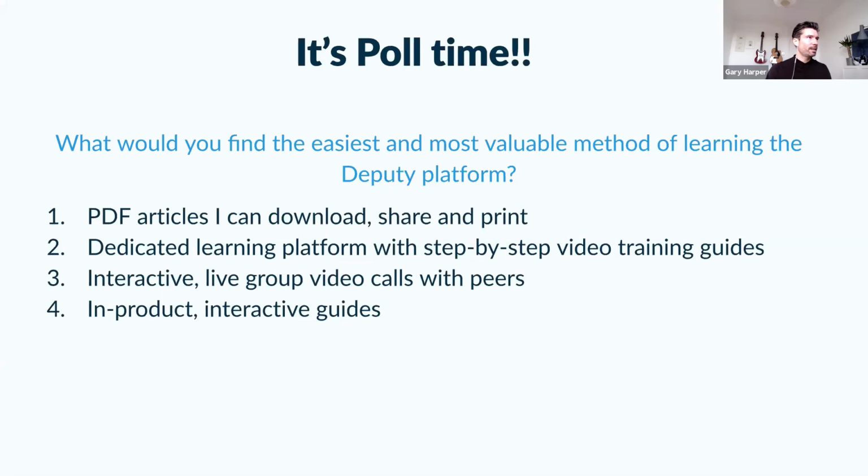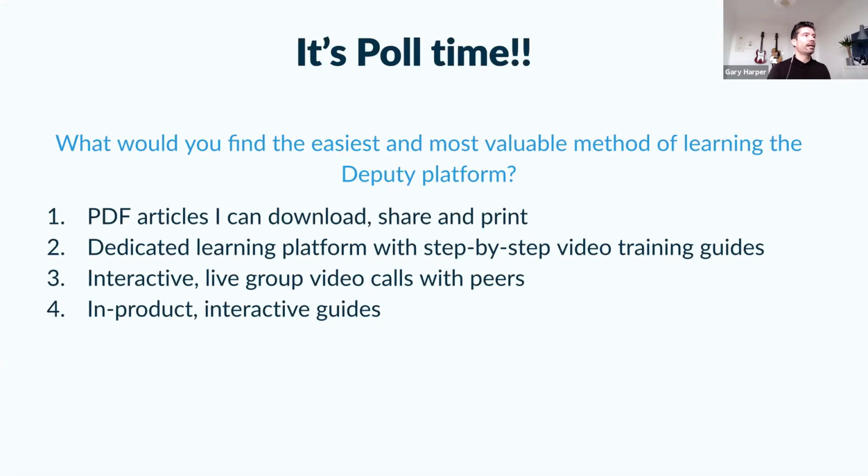So PDF articles that you can download, share and print. A dedicated learning platform, so something separate to Deputy that has your own login with step-by-step video training guides to take you through. Thirdly, an interactive live group video call with your peers, so perhaps a small selection of customers in a similar industry or peer group that can all interact collectively and discuss the platform tips and tricks with each other.